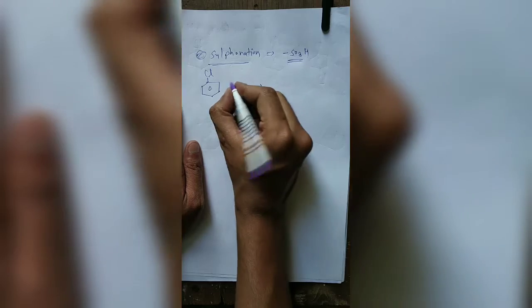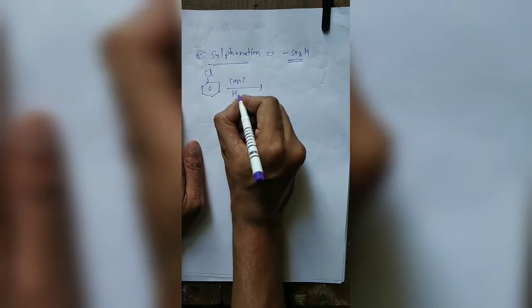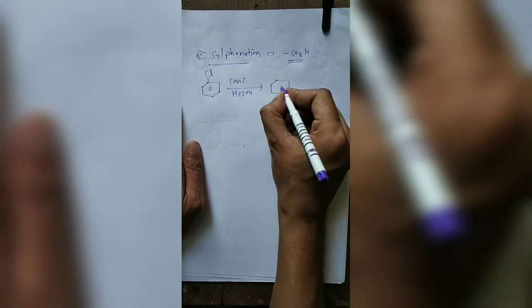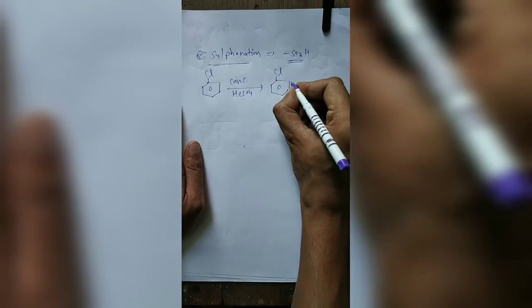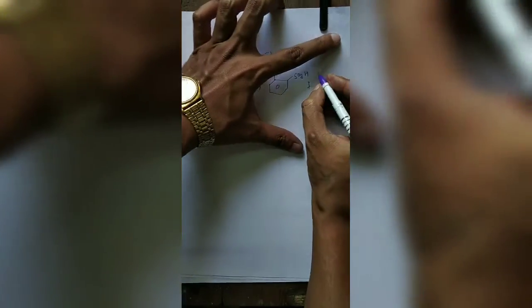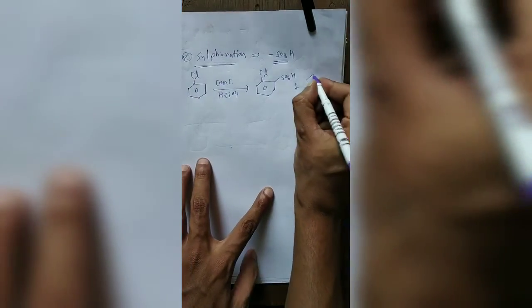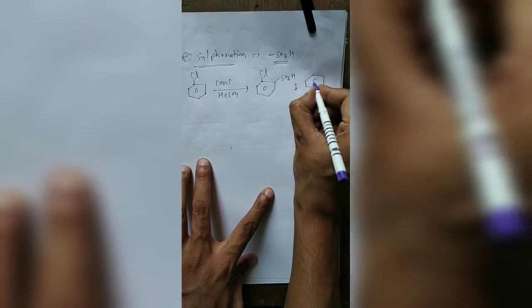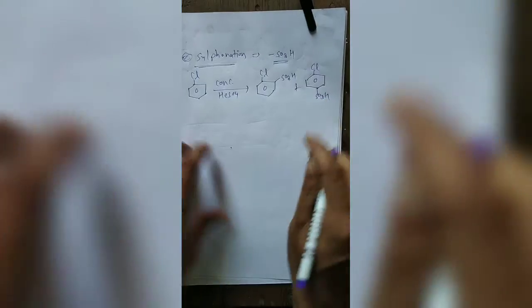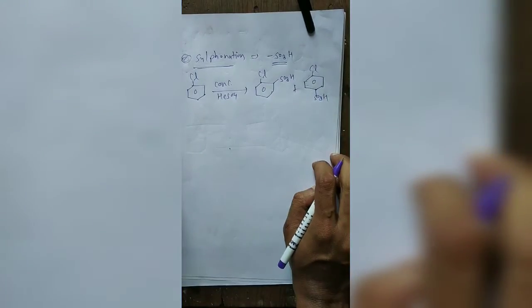When it reacts with concentrated H2SO4, it can give two products. SO3H group will enter on the ortho position as well as on the para position. So these two products we can get.